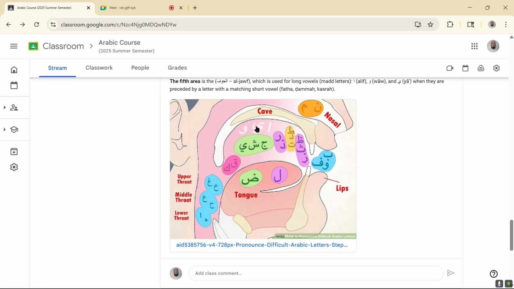Every now and then, I'll come back to this picture because these are going to be the points of articulation of each letter. And since we speak English, maybe some of us speak Spanish, we can already, for example, say the letter B or say the letter R. I think Spanish speakers can say that a lot better, but may Allah make it easy. But there's certain letters in Arabic which are very, very tough that we're just going to have to get used to.